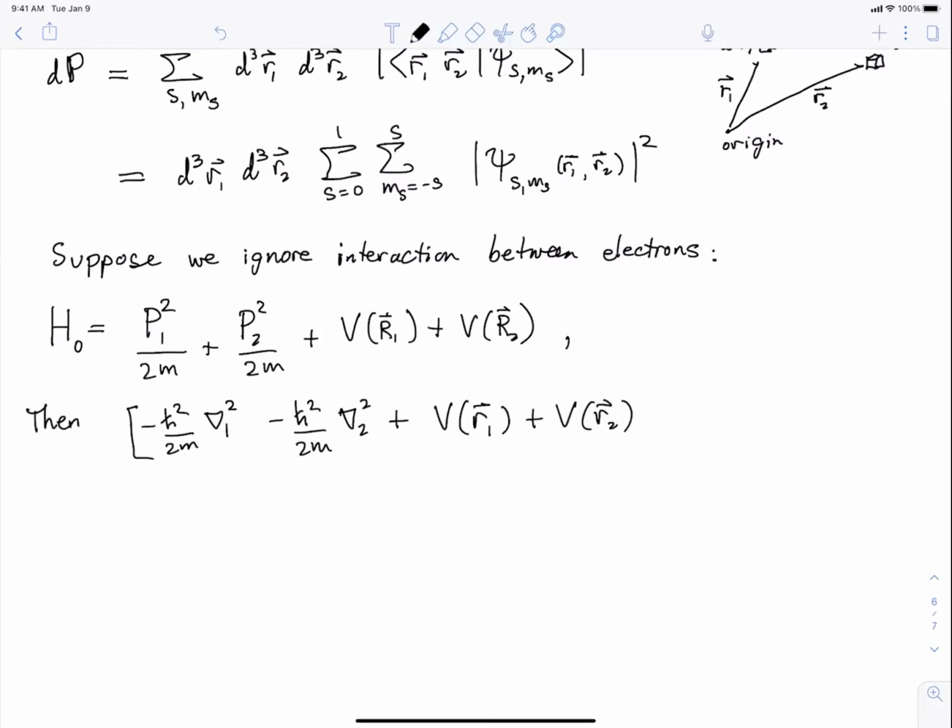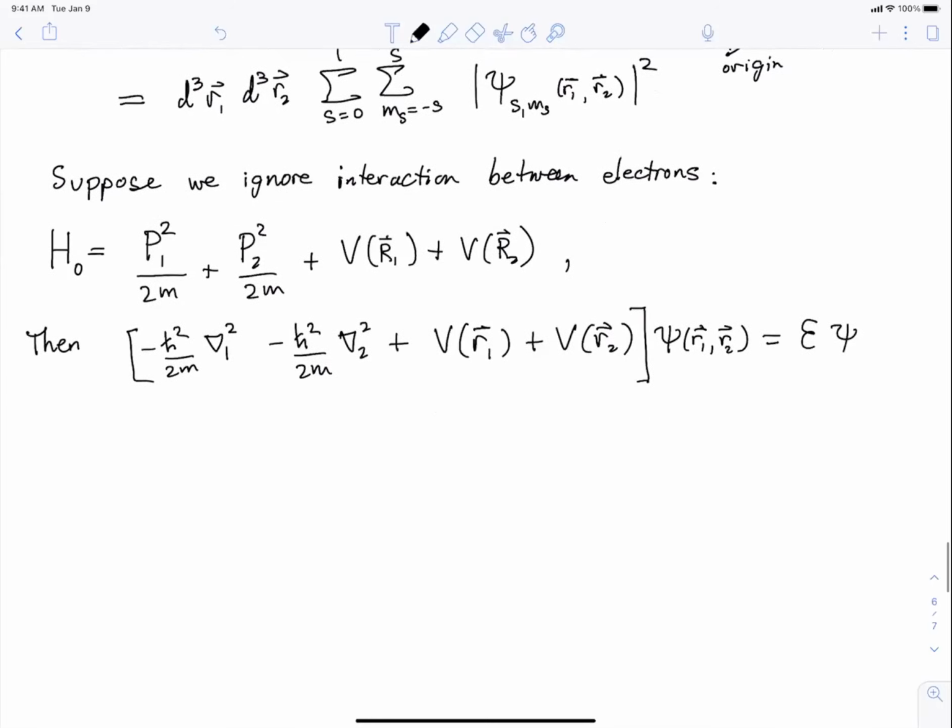Now I'm writing them not as operators, but as coordinates, because I'm doing now this in position space. Okay, and I'm leaving off the spin labels temporarily. And that has to equal the energy eigenvalue. Let me call it an unperturbed energy eigenvalue. So we usually have been calling that curly E times psi.